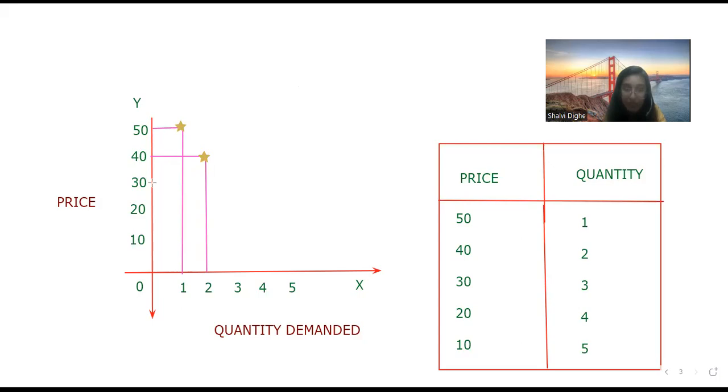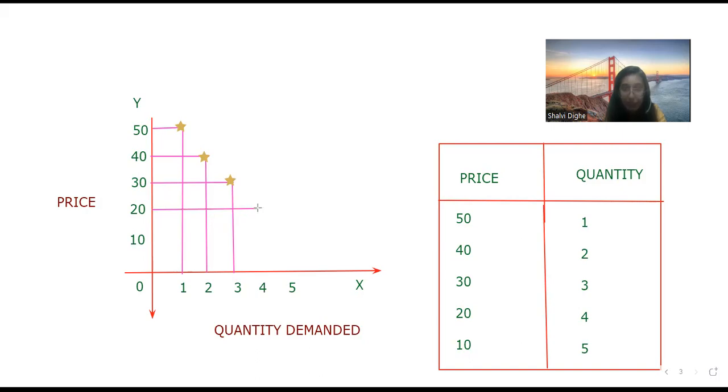Same goes here. When the price is 30, the quantity we buy is higher, so it's going to be 3 here. Okay, again a star, that is your dot to show that the quantity is going higher. We go ahead and we plot the next. The price is going down, we are going to buy more and more, students.